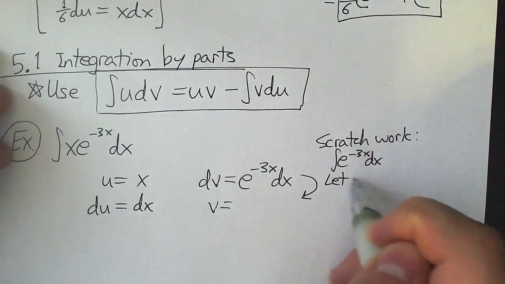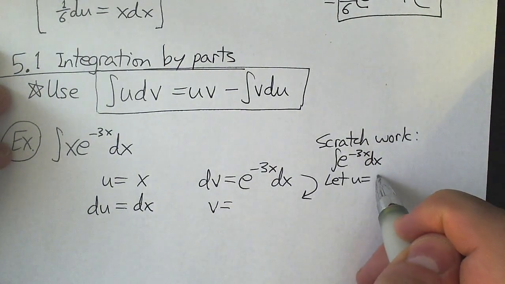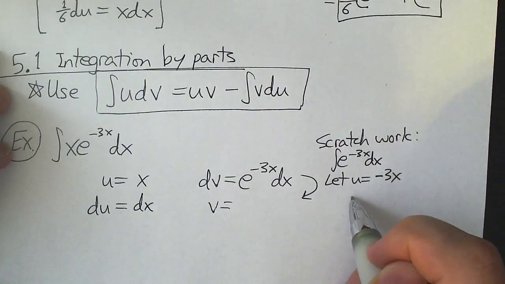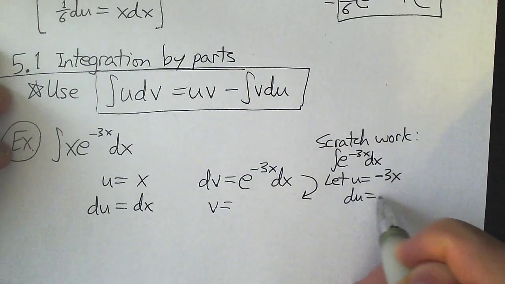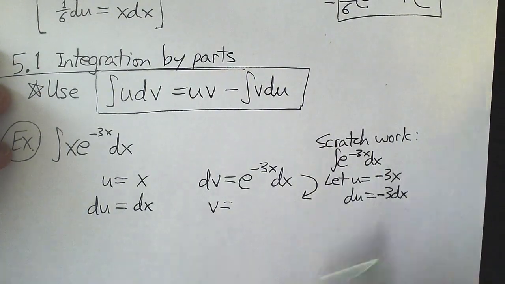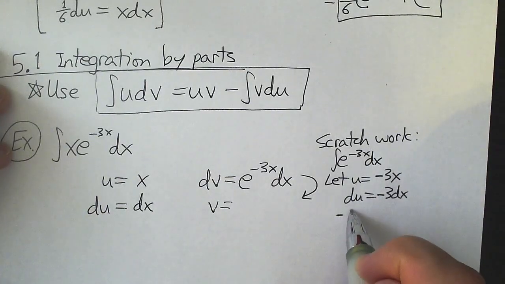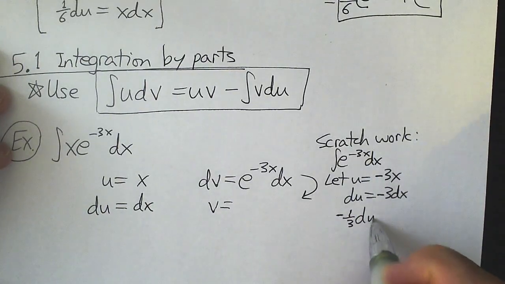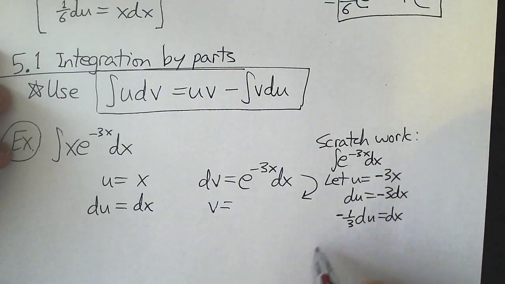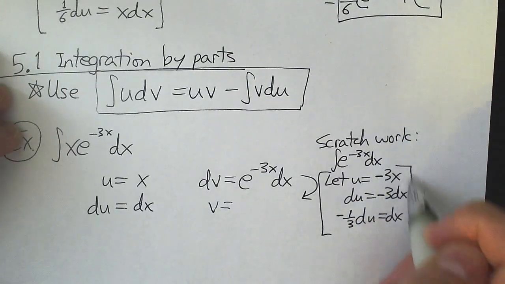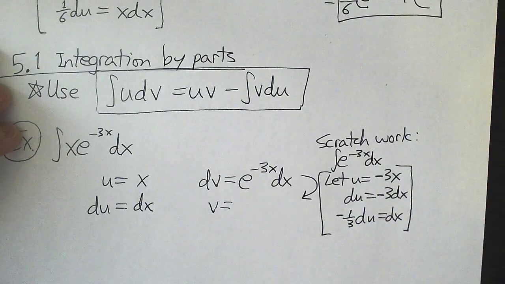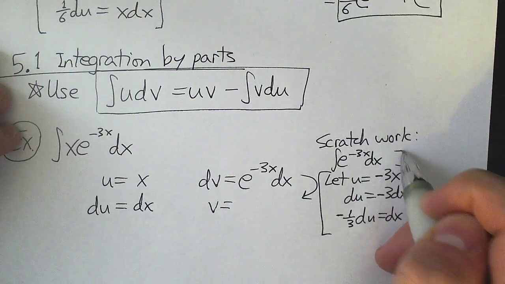And for this, I think we could do a substitution rule. Like that. And a negative 1/3 will appear. So, let's see. Do I have enough room here? Yeah, I think I do.